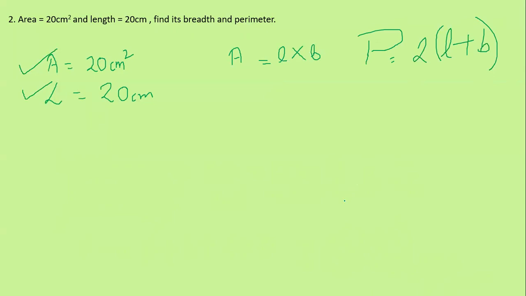I have to find out length or I have to find out the breadth. Okay, so length is already provided, A is already provided, तो अभी हमको बस breadth निकालना है.